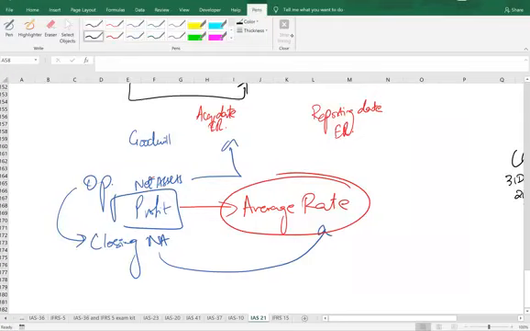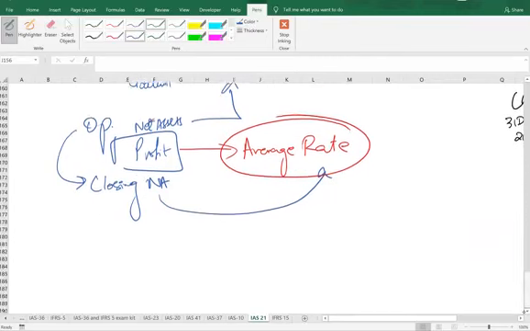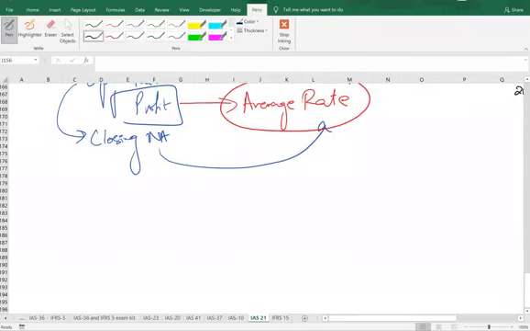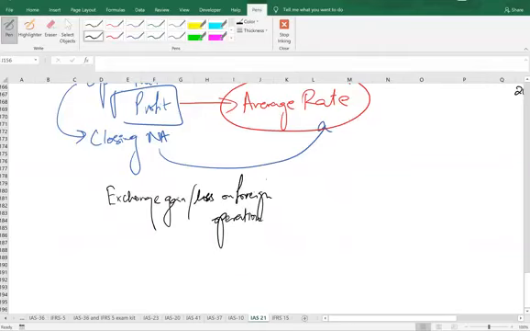All right. You understand? Now, obviously, if these two exchange rates are different, you will have an exchange gain or exchange loss on foreign operation. This exchange gain or exchange loss will be taken into a translation reserve.